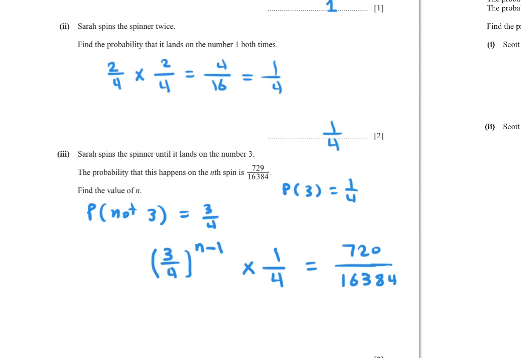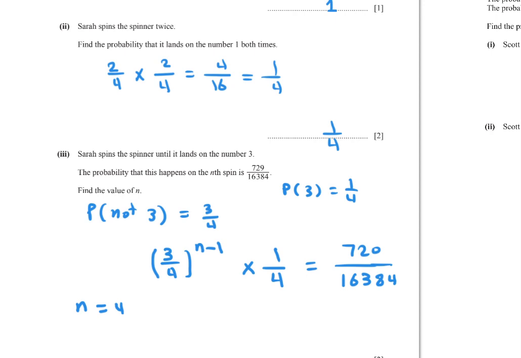Now to find the value of n, just use your calculator. You can start with n equals 3, then n equals 4. If n equals 4, use your calculator to find the answer. If the answer is 720 over 16,384, so 4 times.